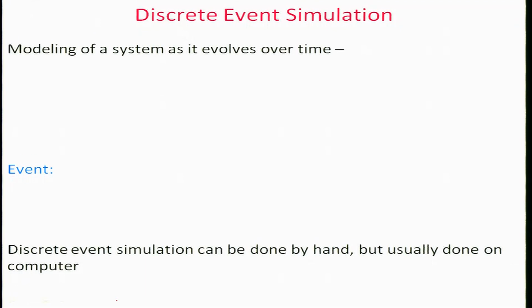So, as we said earlier, the discrete event simulation. In our case, we are modeling a system. The system is studied as it evolves over time. So, how do we do that?